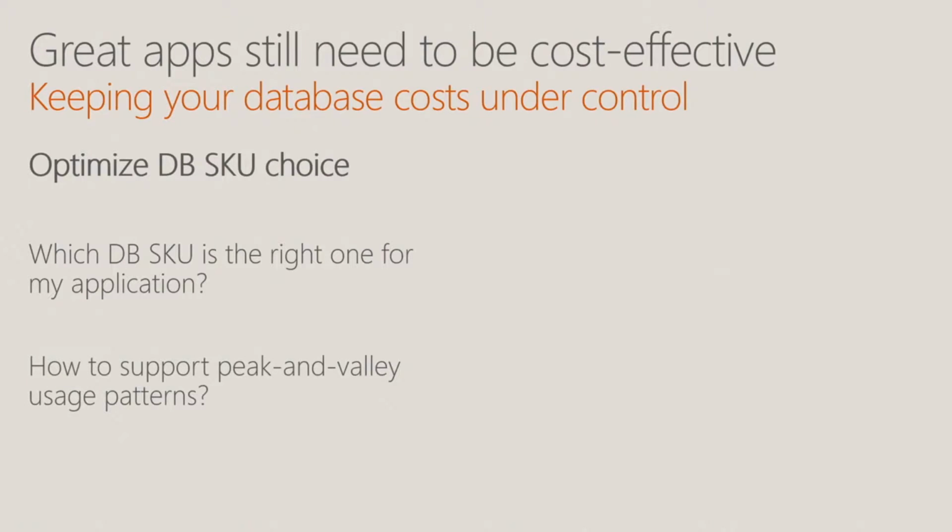In addition, if your customers and your application have unpredictable load, peak and valley usage patterns, bursty behavior, then provisioning the right SKU is even harder because typically you'll need to provision for peaks, which is not very cost effective. And what happens when we get to the range of hundreds or thousands of databases? Provisioning each one of those for peak capacity will probably ruin your business plan. So there has to be a better solution.